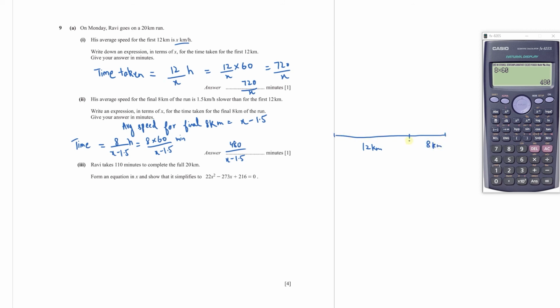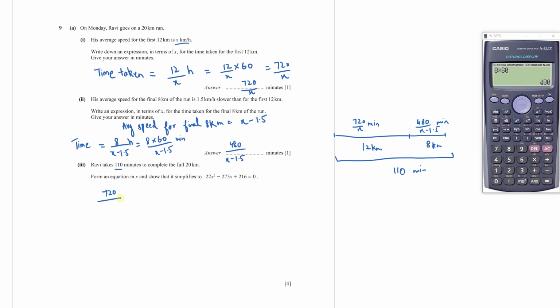The time taken for the first 12 kilometers is 720 over x minutes, and for the last 8 kilometers, it is 480 over x minus 1.5 minutes. The total time for the complete 20-kilometer run is 110 minutes. So if you add these two, you should equal it to 110 minutes.